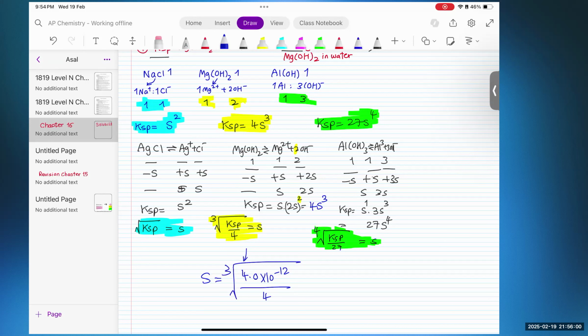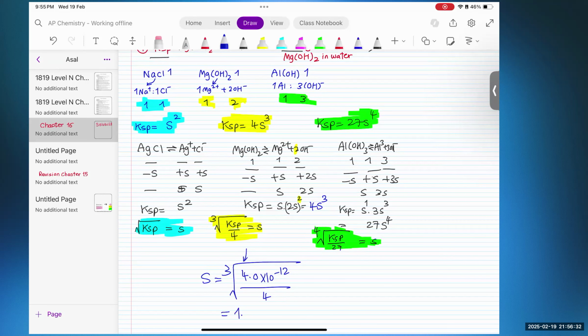And let's see on the calculator what it will be. I'm going to be correct or not. So I'll divide it by 4 and then make radical. I got 1 times 10 to the power of minus 4.